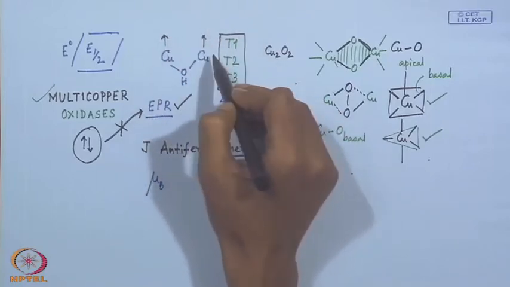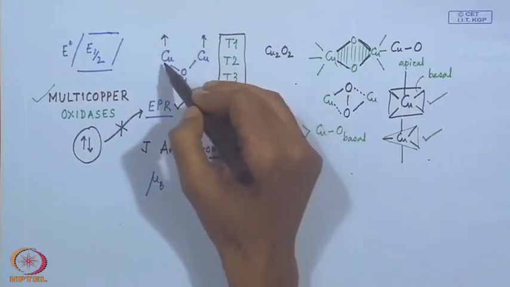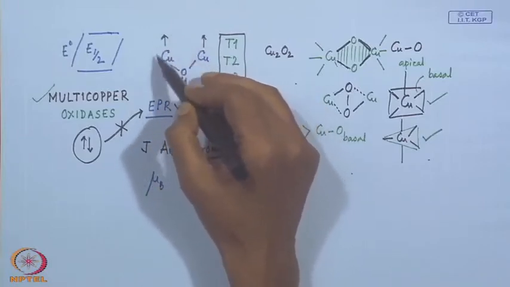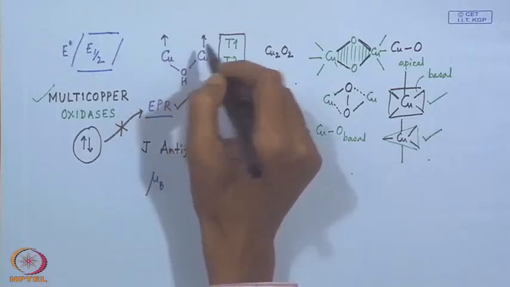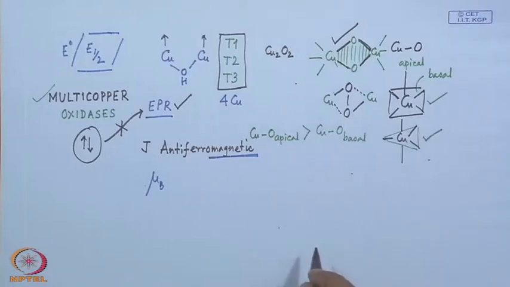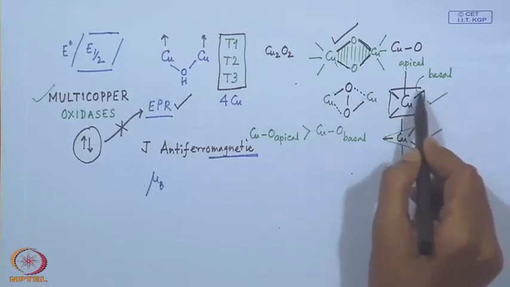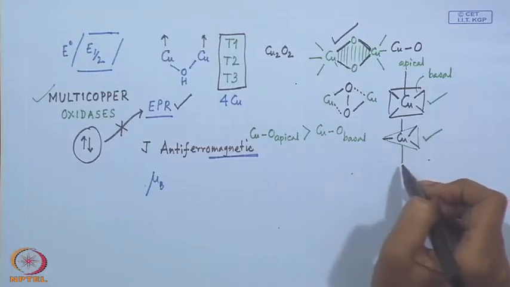So, the individual atomic orbitals present on the two copper sites, and the unpaired electron on these, that means the dx square minus y square or dz square, how they are interacting depends on this picture. That means what 3-dimensional structure you have, either a square pyramidal structure or a trigonal bipyramidal structure.